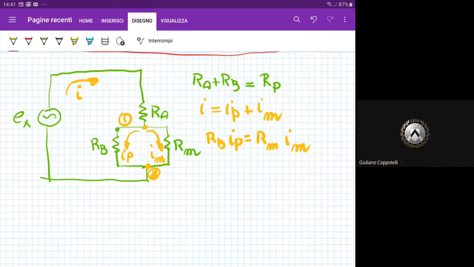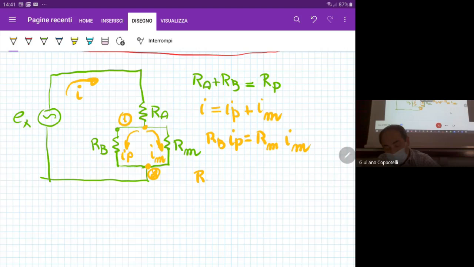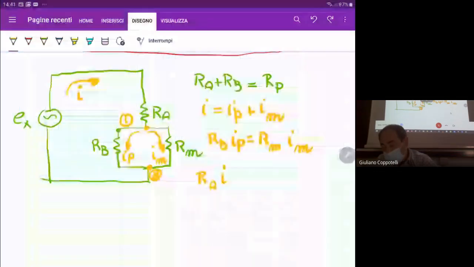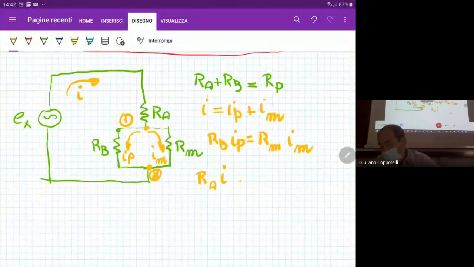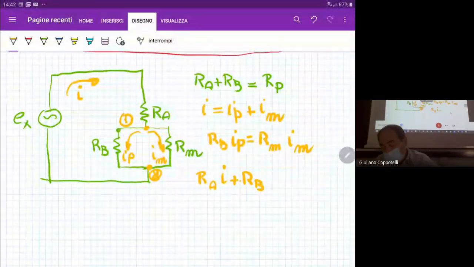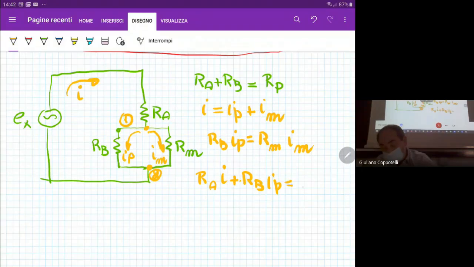So RA times I plus RB times IP is equal to the input tension EX.